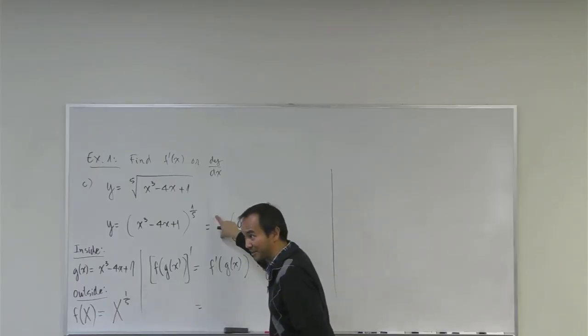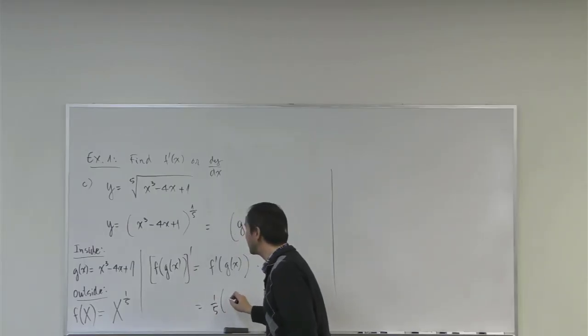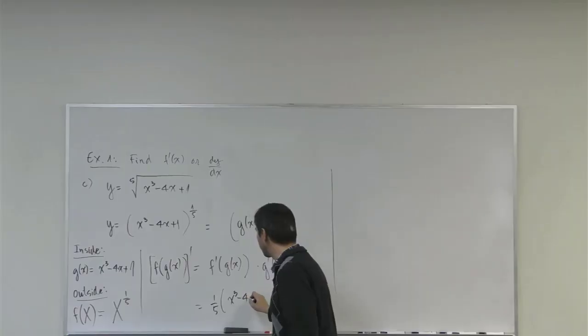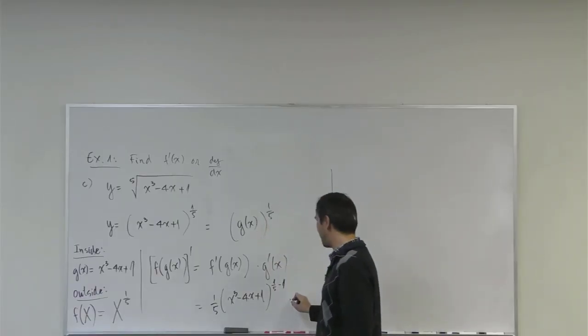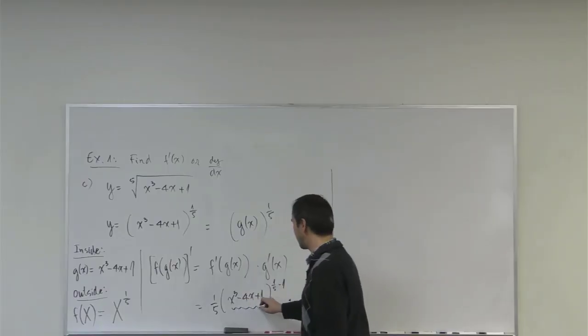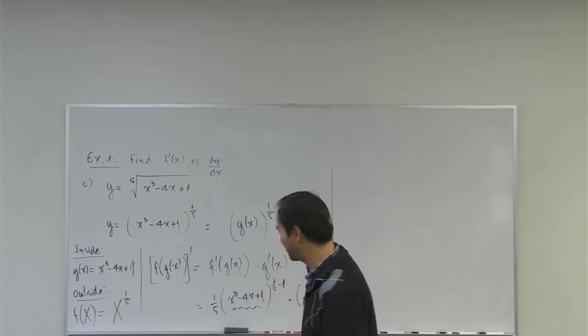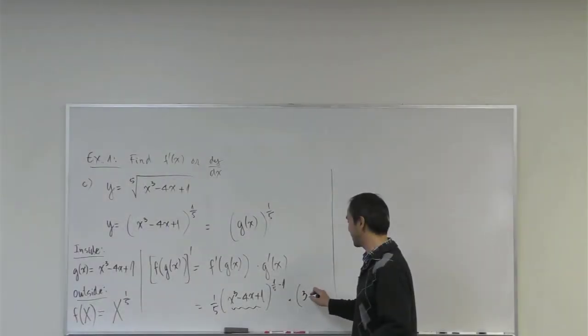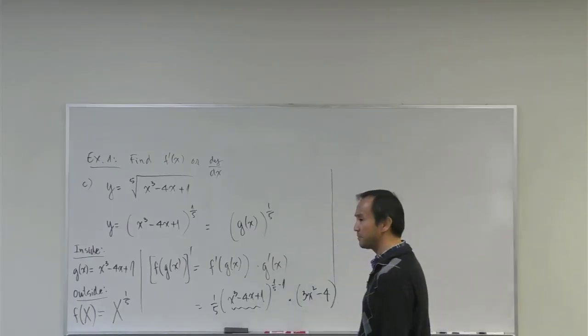So 1/5, keep g the same, so g is x cubed minus 4x plus 1. Now the power here is 1/5 minus 1. You guys agree? Then we multiply with the derivative of the inside. What will that derivative of the inside be? Anyone? You should be the expert by now. 3x squared minus 4. There you go. And then 1/5 minus 1?